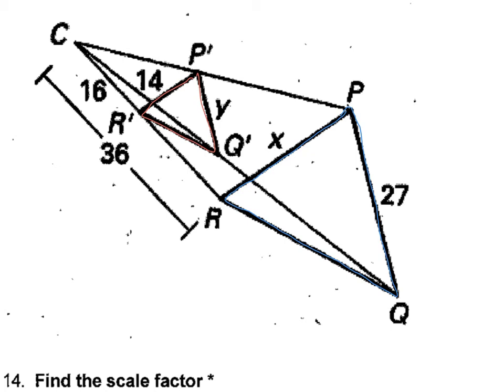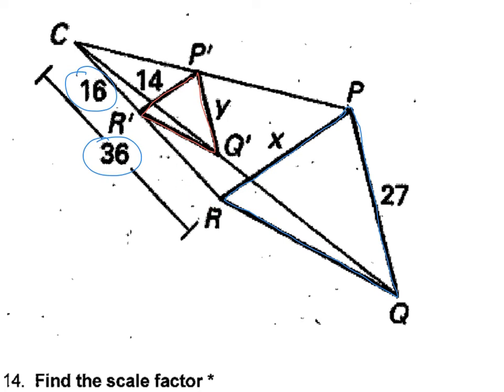But guys, we need to figure out the scale factor. So all I want to do is pick out some numbers. Don't worry about this X and Y right now. Let's say here, this length here, this 16, we're going to use it in comparison to the 36, because 16 is from C to R prime, but the 36 is from C to R. It's the whole thing.